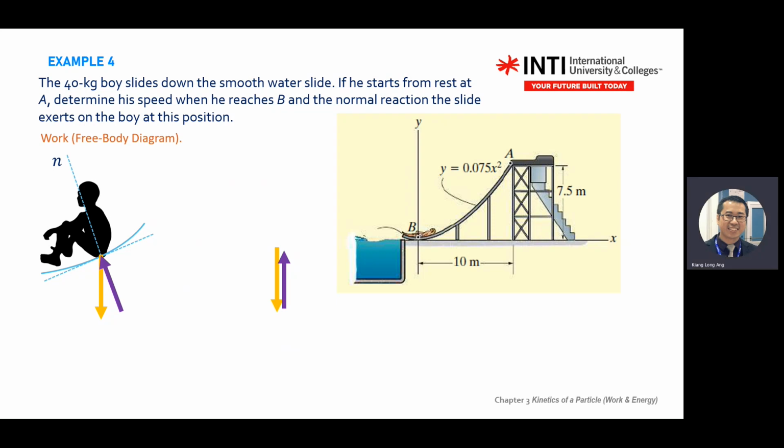Tangent direction is your v dot, dv/dt. What is the acceleration in normal? v square over rho. In this case, does the question give you rho? No, so you need to find. There's an equation to find rho.